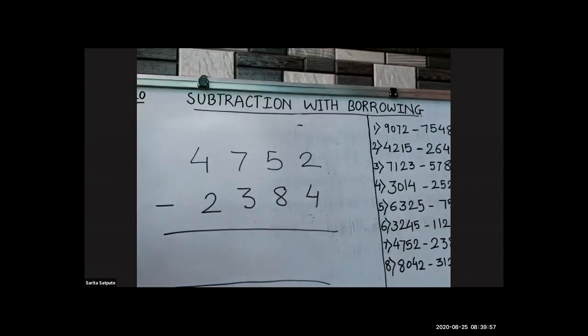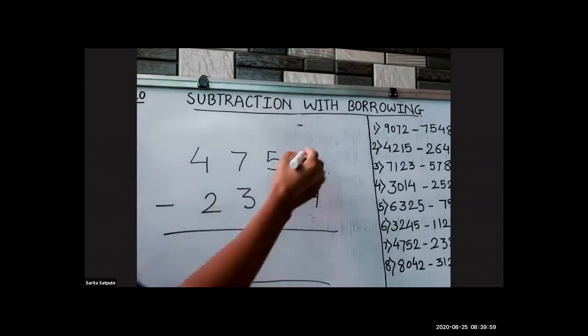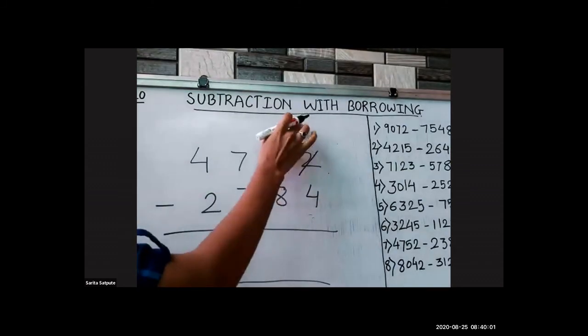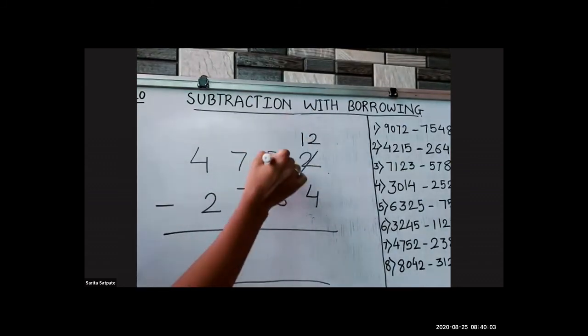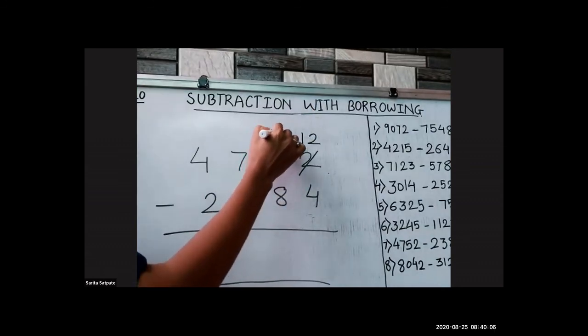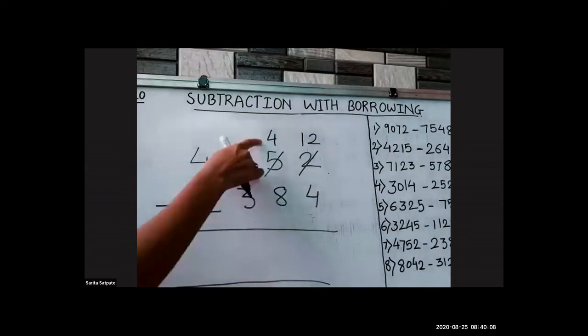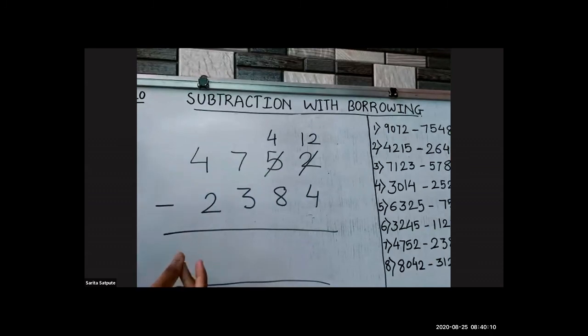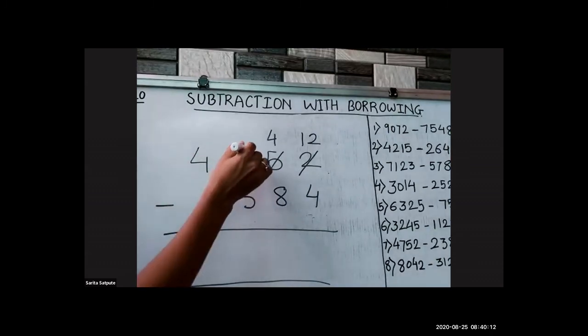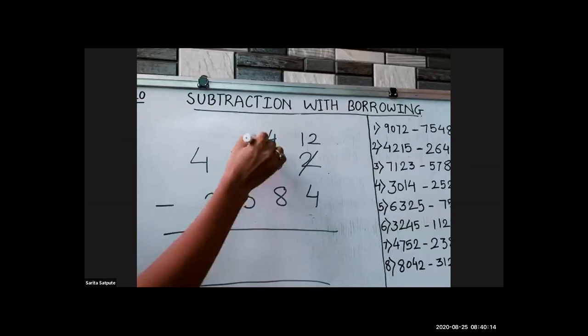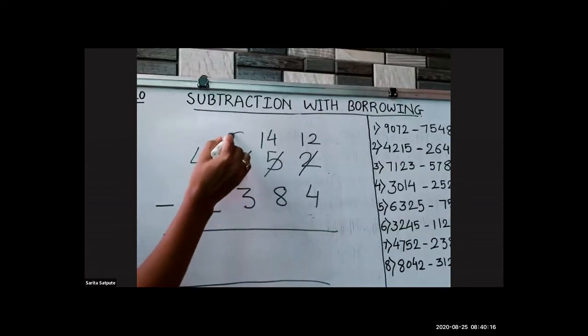Cut 2 and borrow from 5 to make 12. Yes, very good. And 5 will become 4. Now you cannot subtract 8 from 4, so borrow 1 from 7 to make 14. And 7 will become 6.